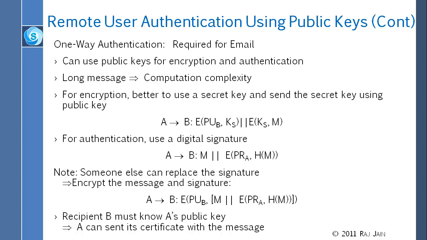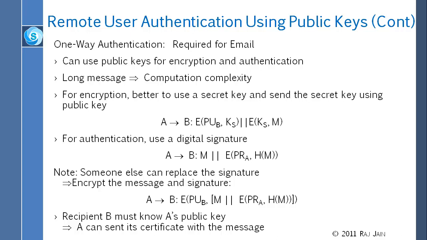However, note, someone else can replace the signature and encrypt the message and signature. A to B, here is a message with the signature. The recipient must know A's public key, and therefore A's certificate is sent with the message.